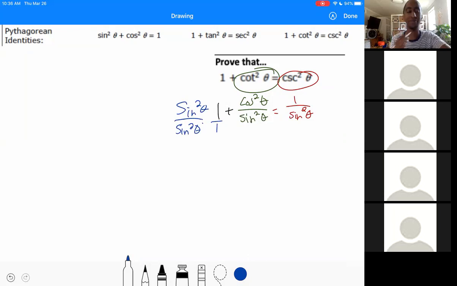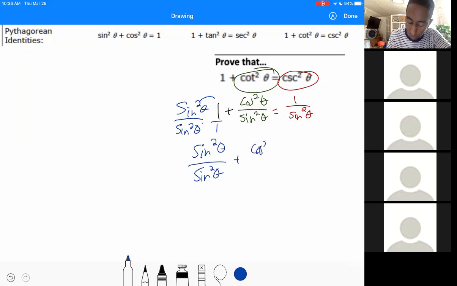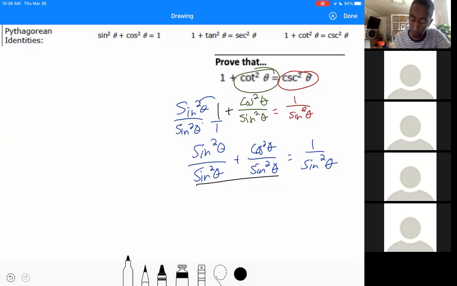So we're going to get sine squared of theta over sine squared of theta plus cosine squared of theta over sine squared of theta. All that's going to remain the same. And we can see this is very similar to what we had before. When we add fractions, the denominator stays the same and the numerator you add.